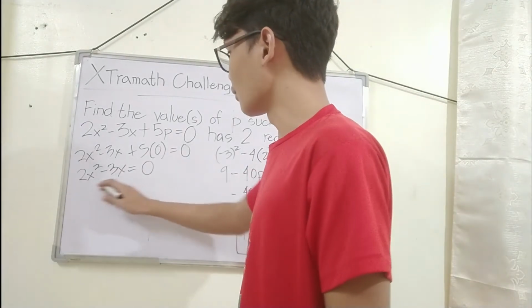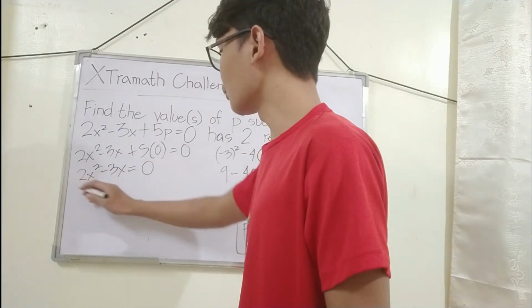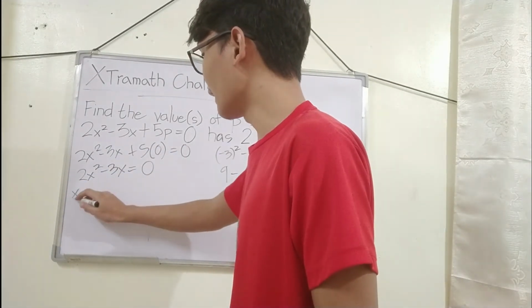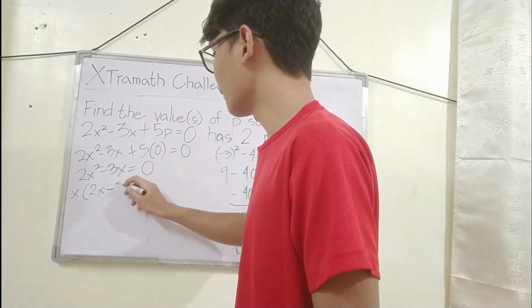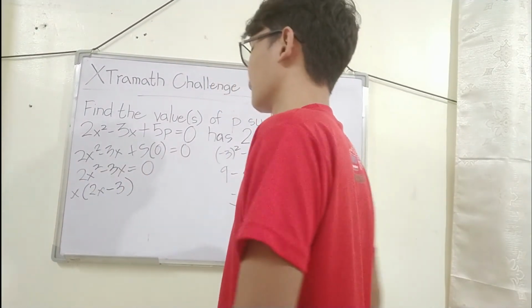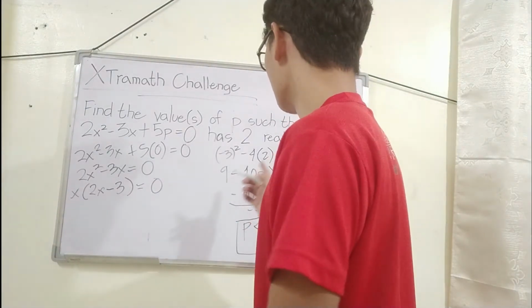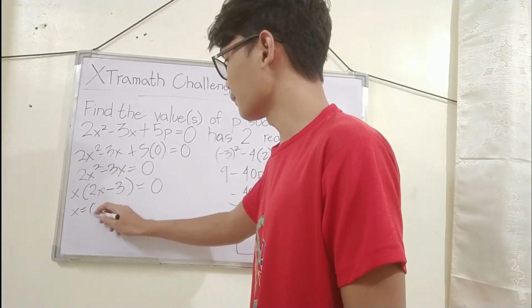As you have noticed, we can factor this equation. So we have x(2x - 3) = 0. To find the solutions, we equate the factors to 0.